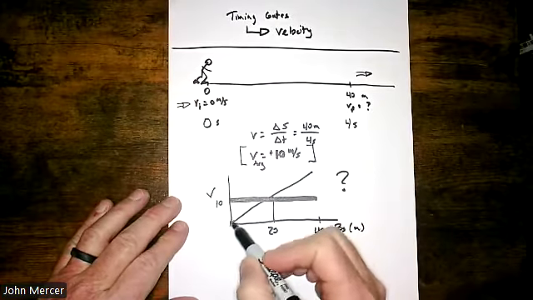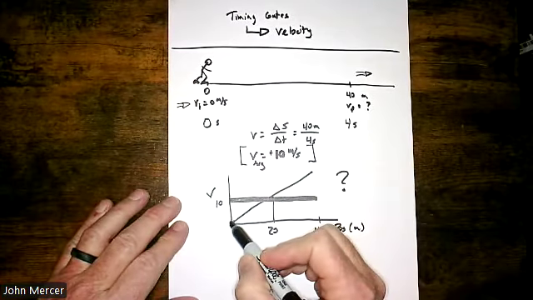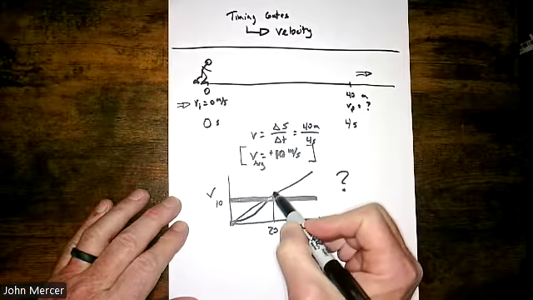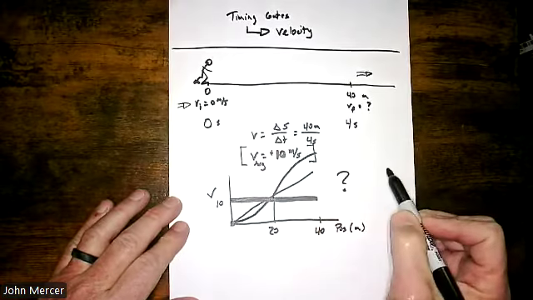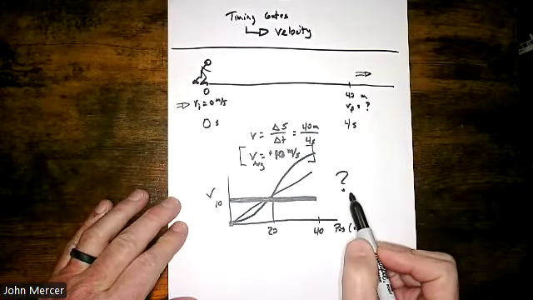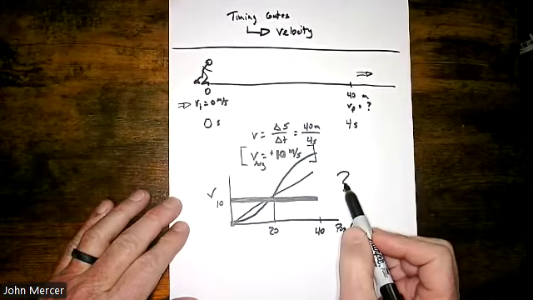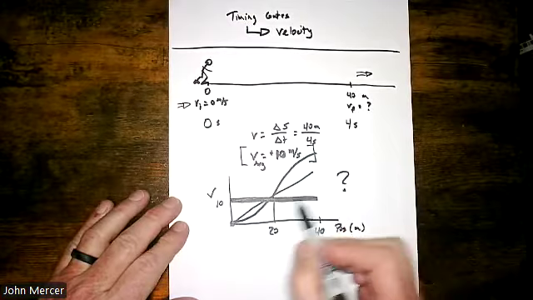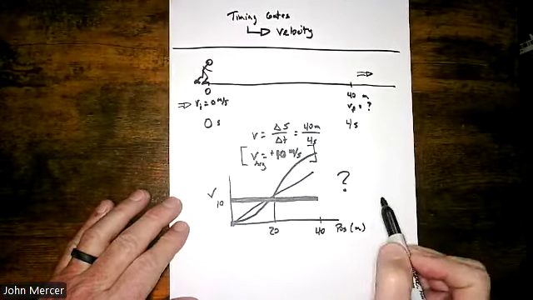Now, I drew this line. Well, maybe it's something where they take off really slow and then they run really fast near the end, or something very different than that. There are lots of different variations of the way that velocity can change during this 40-meter sprint.